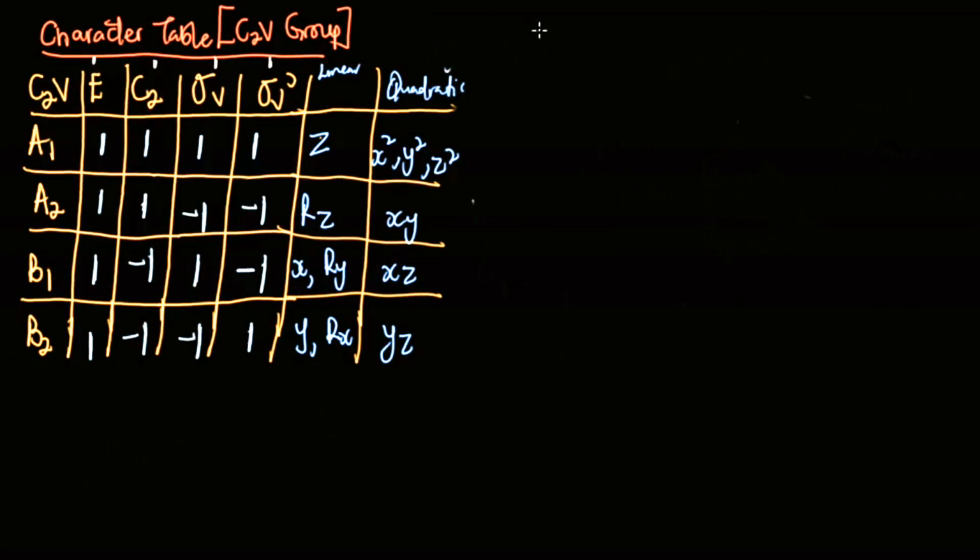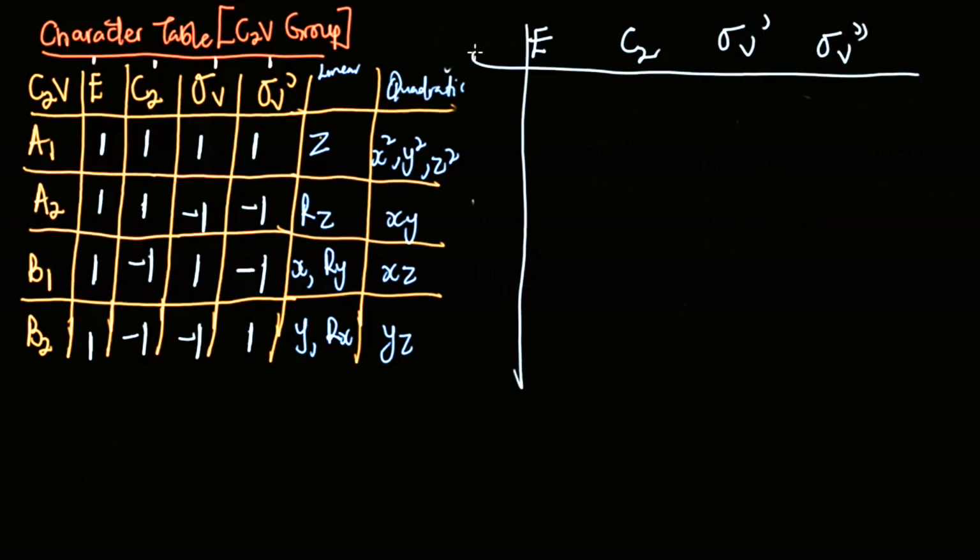So we have identity, C2, sigma v, and sigma v prime. The first row is the number of atoms unshifted, that is, the number of atoms that were unshifted when we perform this operation.